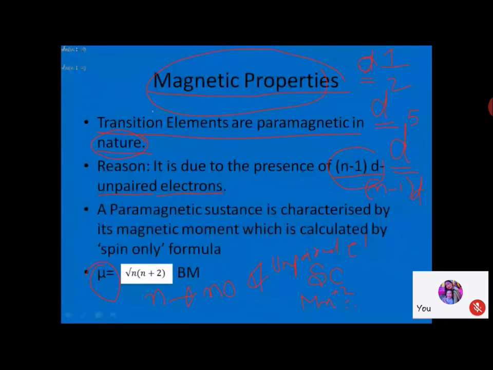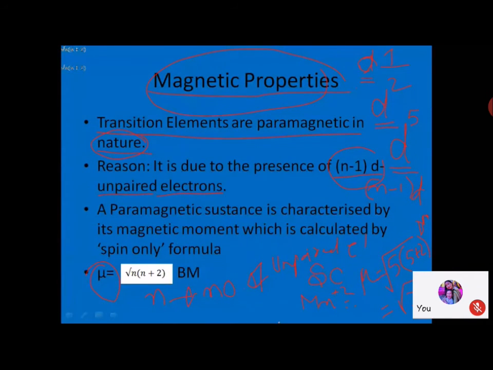So what is the value then? Mu is root over 5 into 5 plus 2 Bohr magneton. So 5 into 7 is 35. What is the value of root over 35?